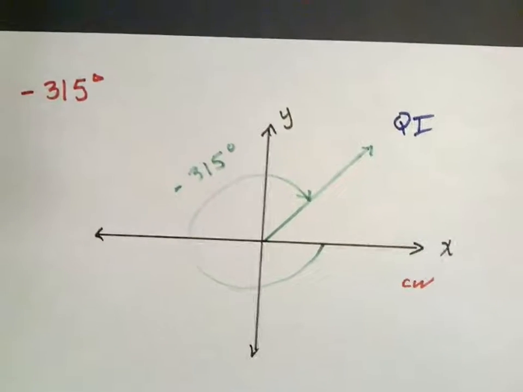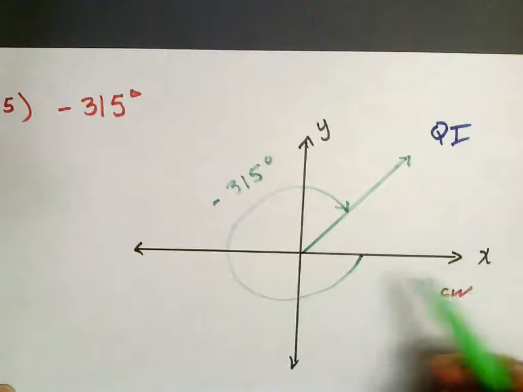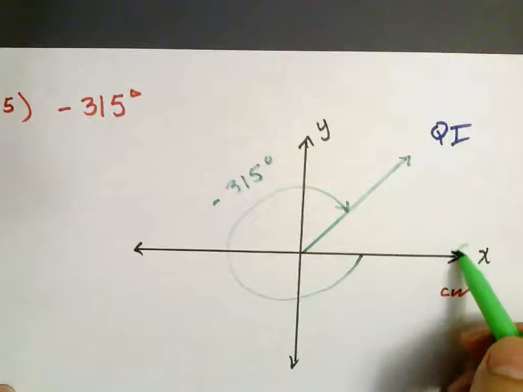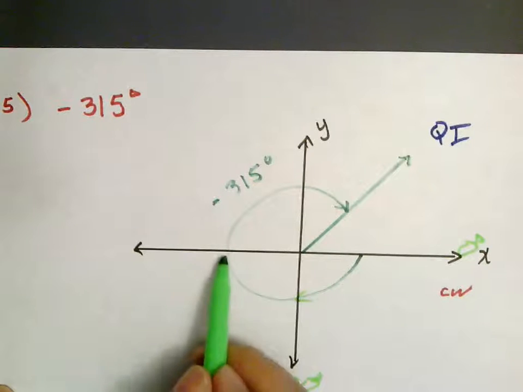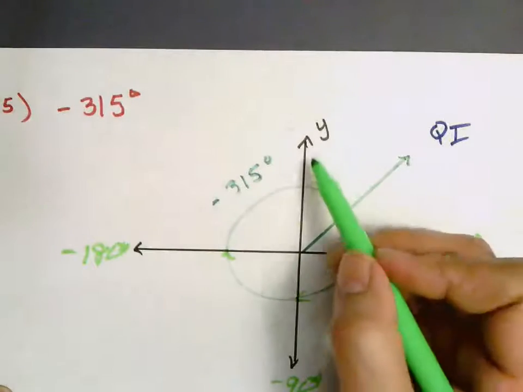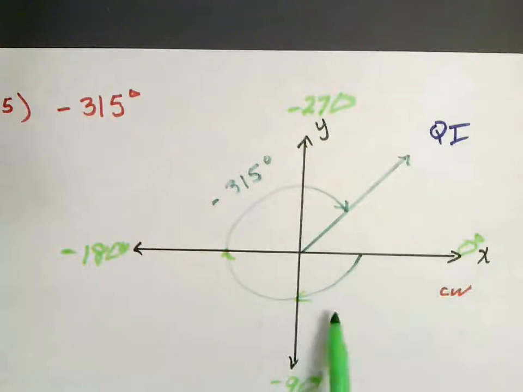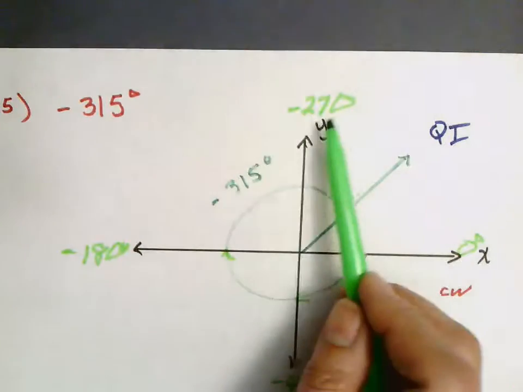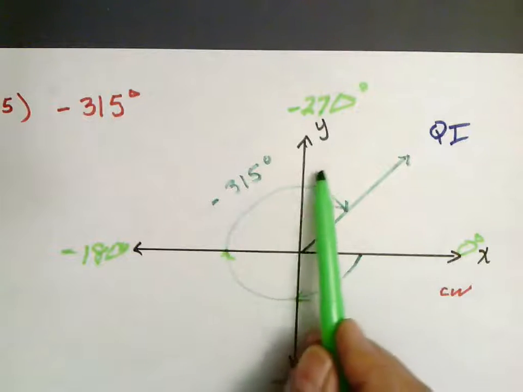And then let's look at another example. A negative 315 degrees. We're going to start on the positive x-axis right here. Start at 0 degrees. Since it's negative, we're going clockwise. So it's negative 90 degrees, negative 180 degrees, negative 270 degrees, and we keep on going.